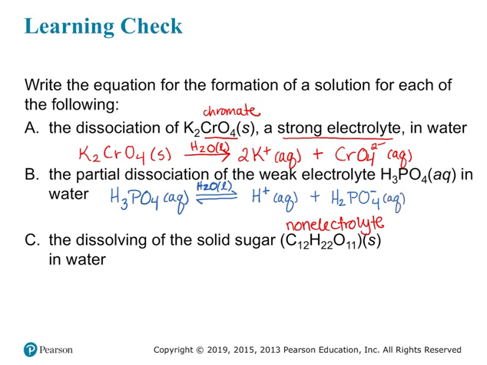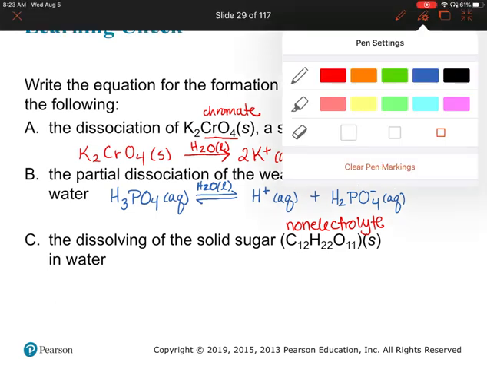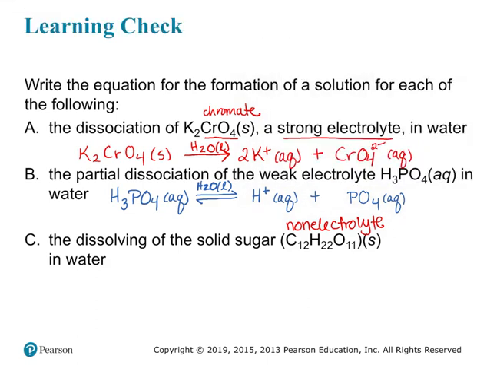The other way is you could show that we're forming multiple hydrogen ions in solution. So what we would do there, let me just erase that. So what we could show is that eventually we would end up with 3 hydrogen ions and then 1 phosphate ion, which would have what charge?